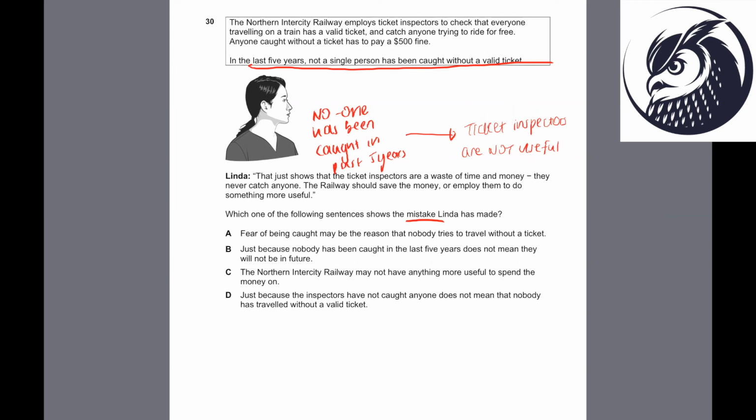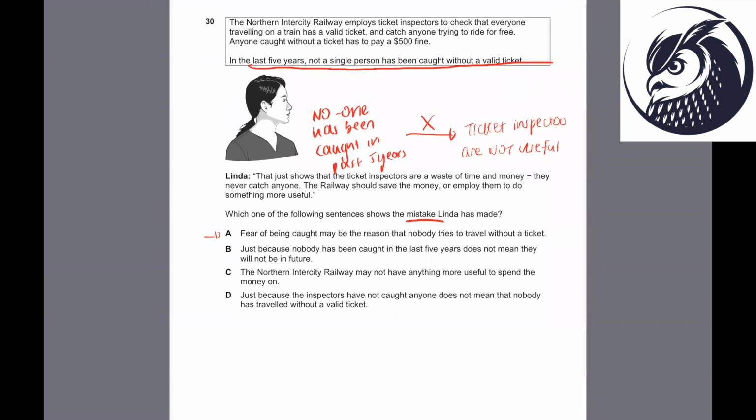Okay, so we need to show a mistake or assumption that Linda has made. Now, let's look at option A first. Option A says, fear of being caught may be the reason that nobody tries to travel without a ticket. So we need to look for an option that breaks Linda's logic here.